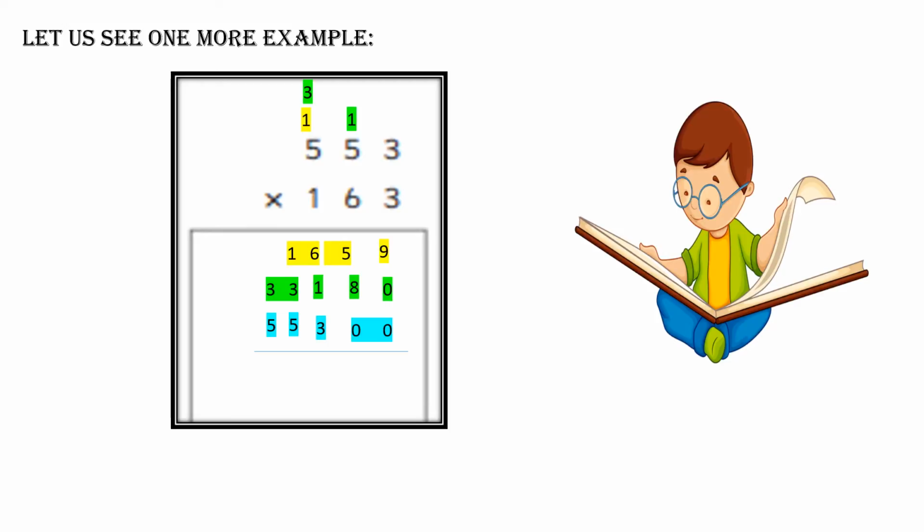Now to get the product of this, I will add all this. So the sum is 90,139. So when I multiply 553 into 163, the product is 90,139.